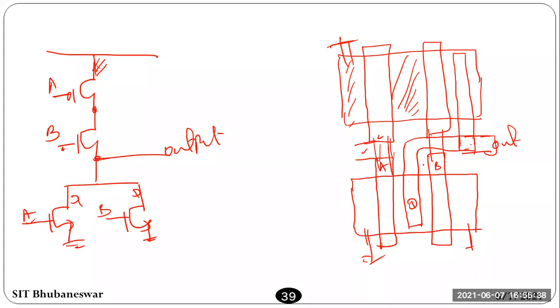How to draw that one input, because this is one metal? If you make another metal, you have to check the metal to metal spacing. Minimum 0.6 micrometer should be there. So you have to draw in that way. And this will be ground, and this will be ground.